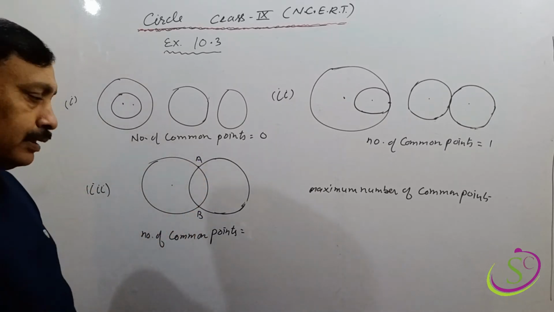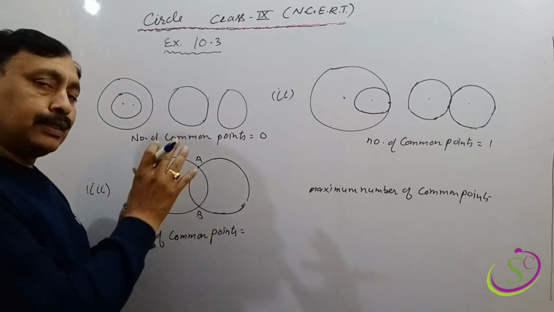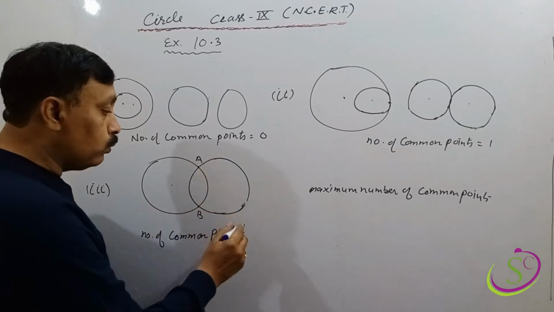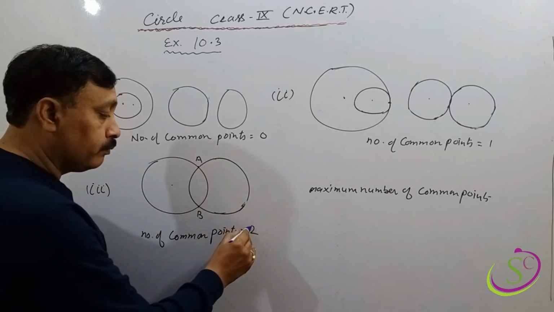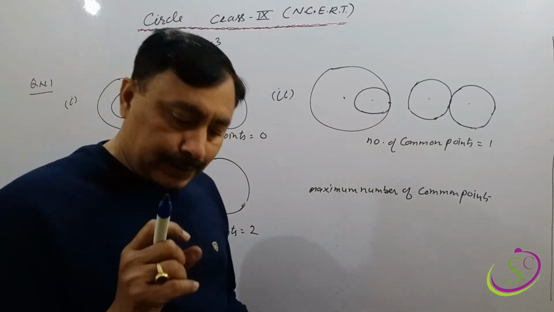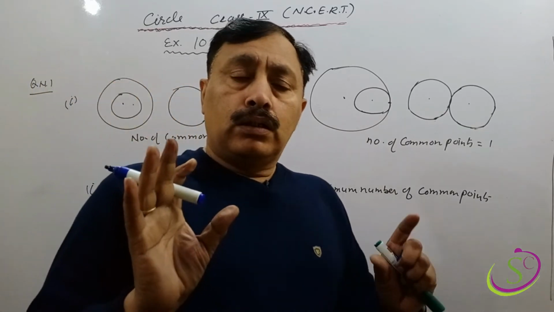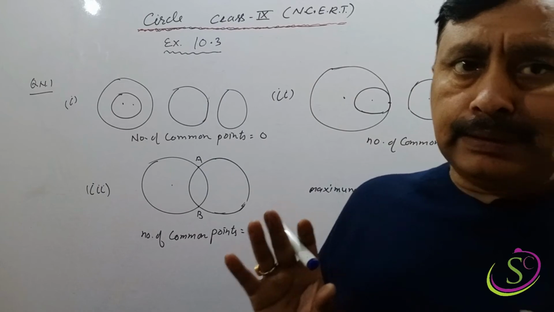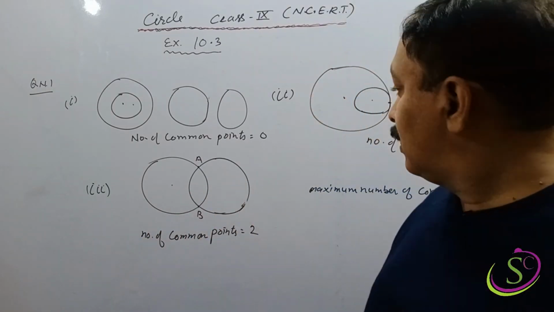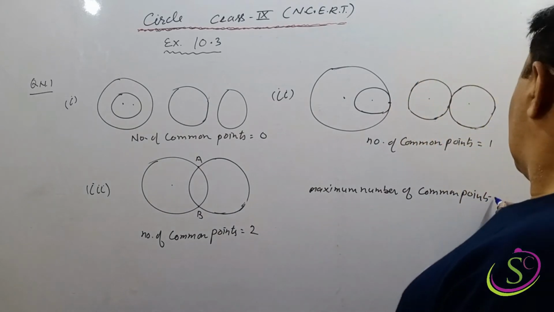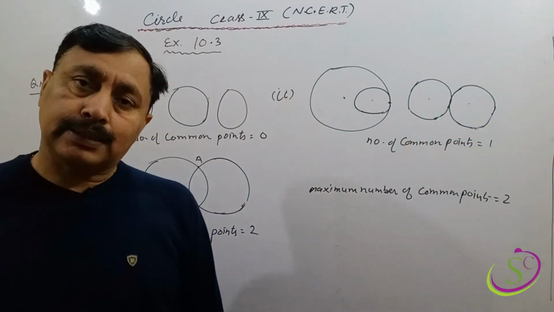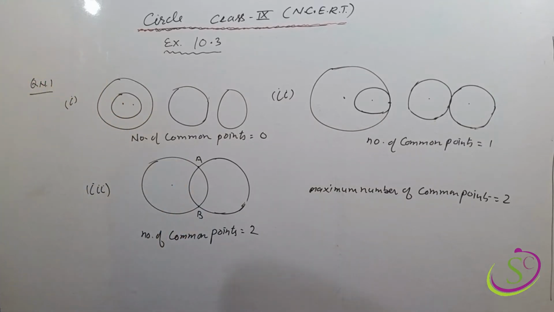So both circles have two common points. Clear? From this discussion we can say that two circles can have a maximum of 2 common points. Is it clear? So do this.